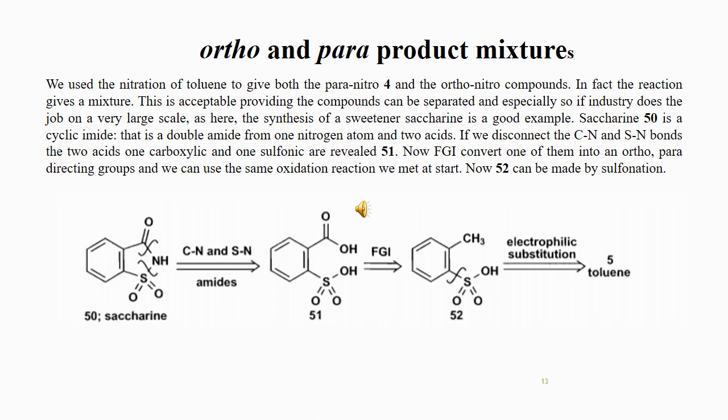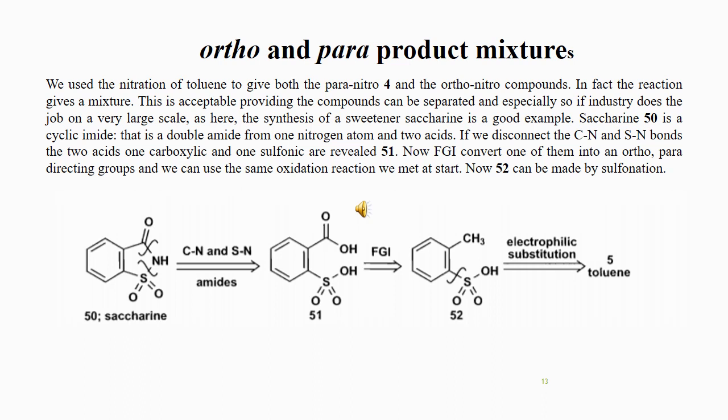So now 52 can be made by sulfonation. If you remember, when we were going to disconnect the benzoic acid in the previous slides, we said that disconnecting the C to C bond of the carboxylic acid is not a good reaction to construct this benzoic acid.